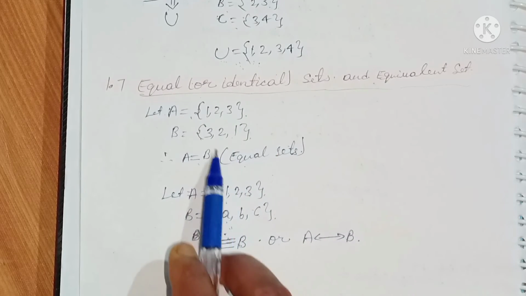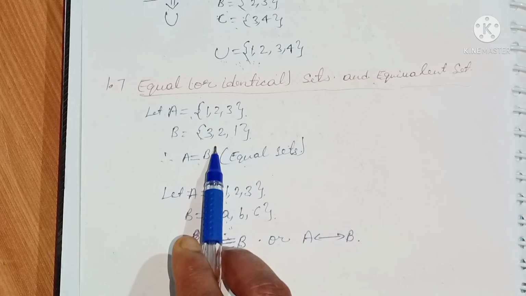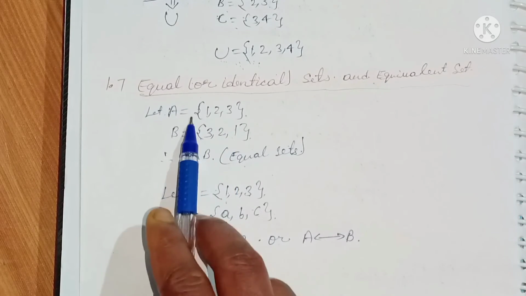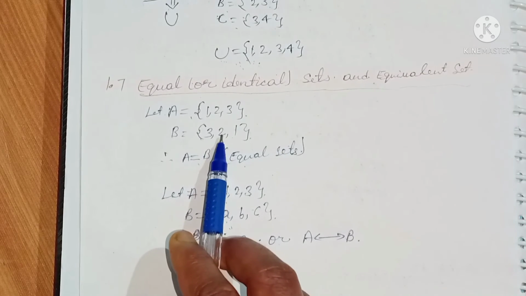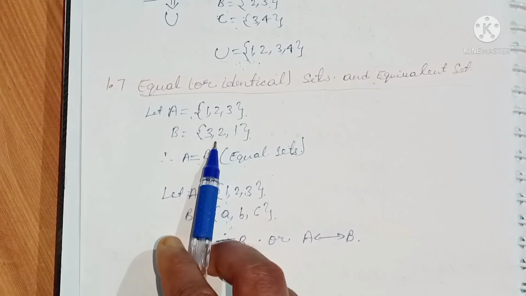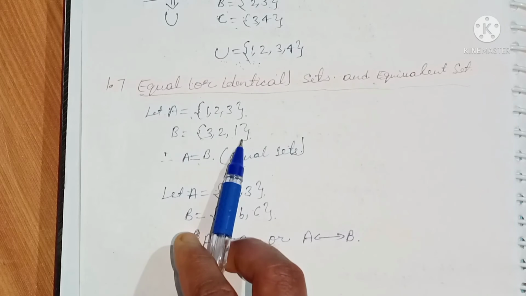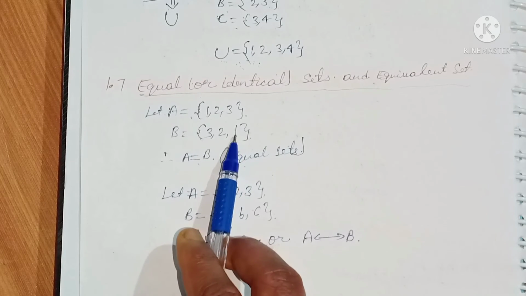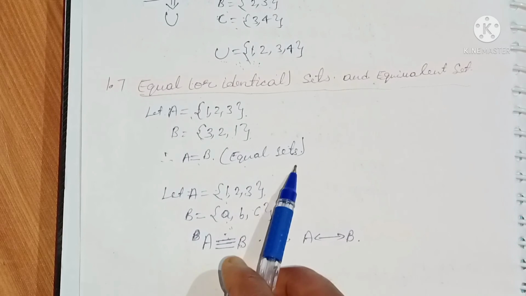Since all elements in A are also elements of B, these two are equal sets. Each element of A should be an element of B, and each element of B should be an element of A. So that's why these are equal sets.